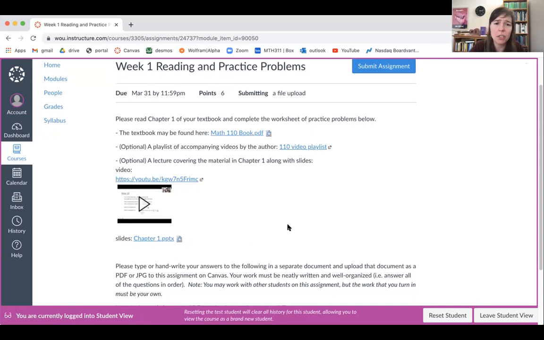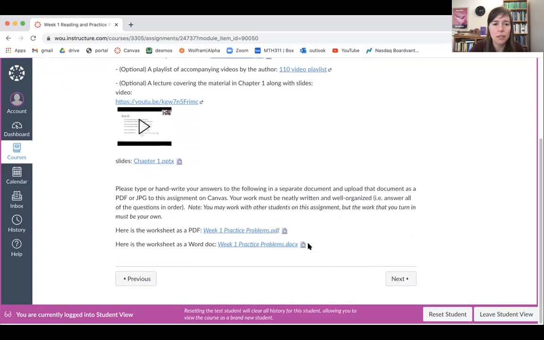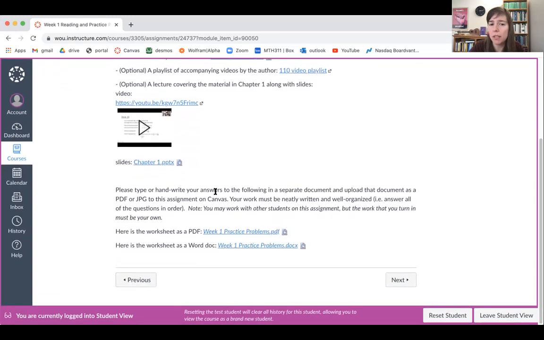Okay, your first step is to just read the textbook and maybe, optionally, look at the videos. And then type or handwrite your answers to the following in a separate document and upload that document to Canvas, either as a PDF because you've scanned it, or a JPEG, maybe because you took a picture.